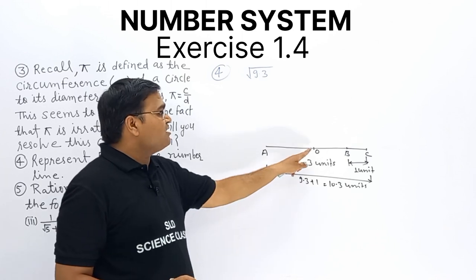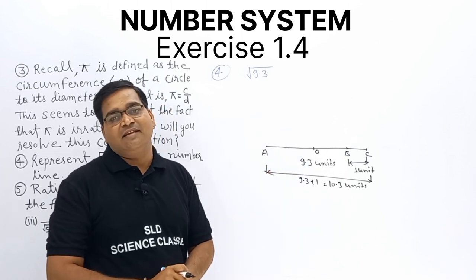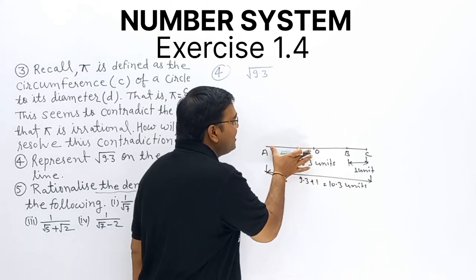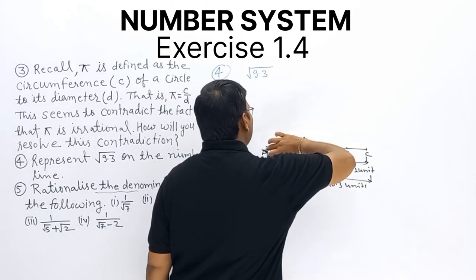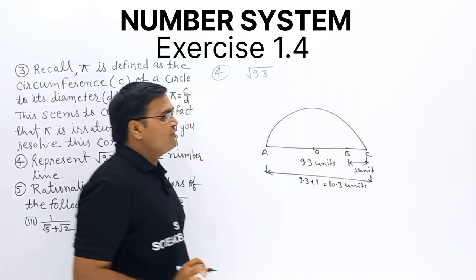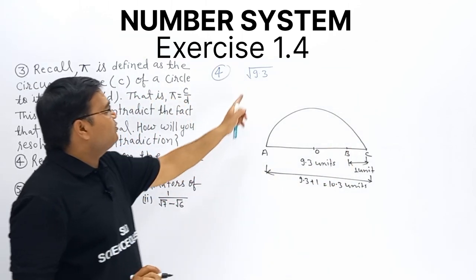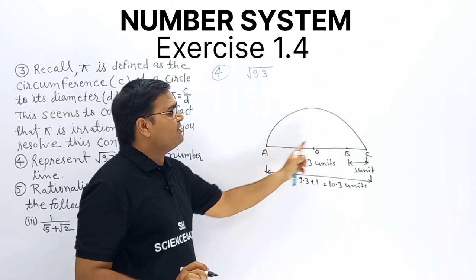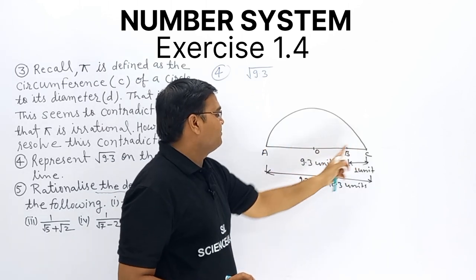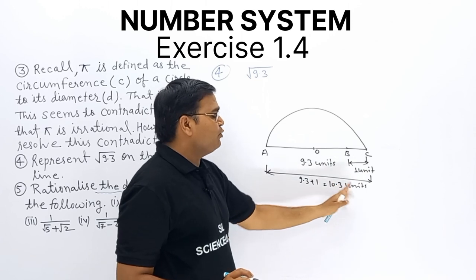Then we will consider OA as a radius and draw a semicircle. OA को रेडियस मानते हुए, इस OA को रेडियस मानते हुए हमें एक सेमी सर्कल बनाना है. Simple process. First take 9.3 as a base, add 1 unit. Then AC will be 10.3 units.